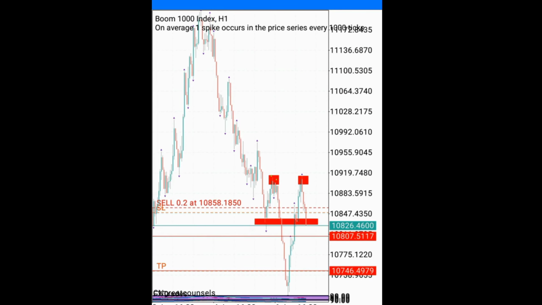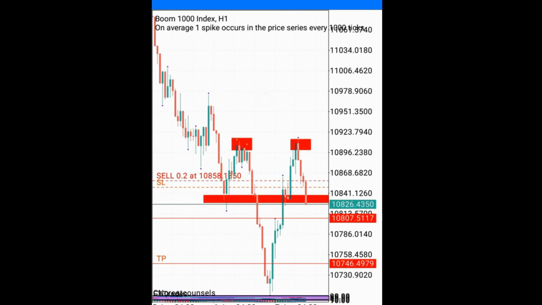Okay, so let's check different time frames to see what is happening. This is 1 hour time frame. Yes, the market is on a support, and that's obvious.